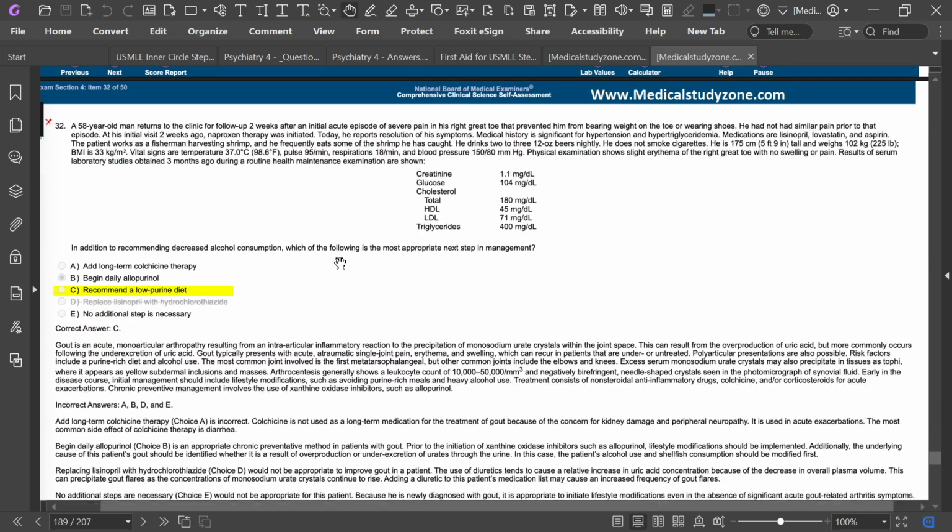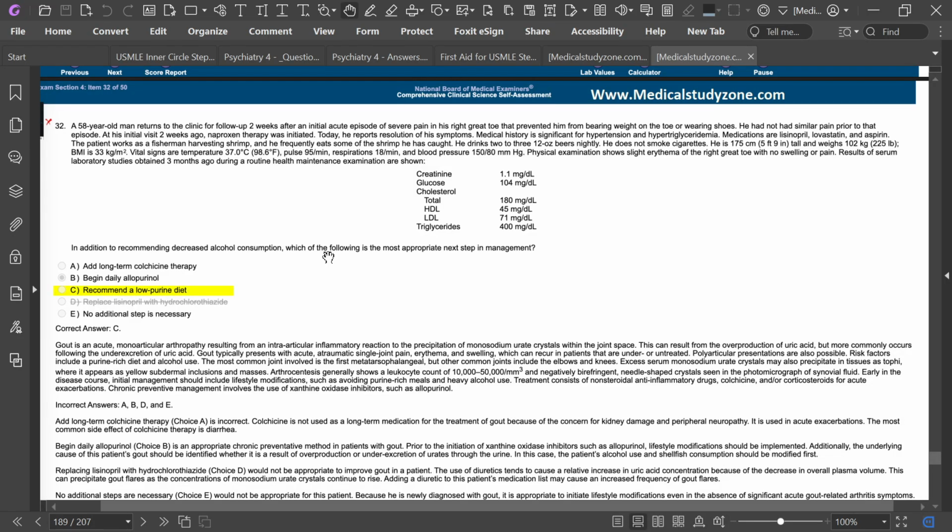Gout is an acute monoarticular arthropathy resulting from an intra-articular inflammatory reaction due to precipitation of monosodium urate monohydrate crystals within the joint space. This can result from overproduction of uric acid, but more commonly occurs following under-excretion of uric acid.